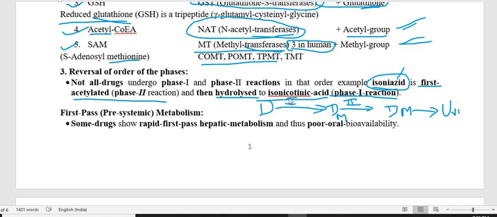So this goes against the general route, meaning a drug does not always go through phase 1 and then phase 2. Some drugs may start with phase 2 and proceed towards phase 1.